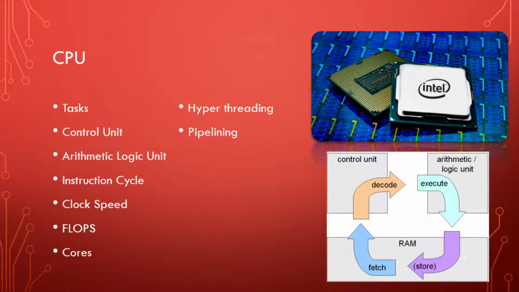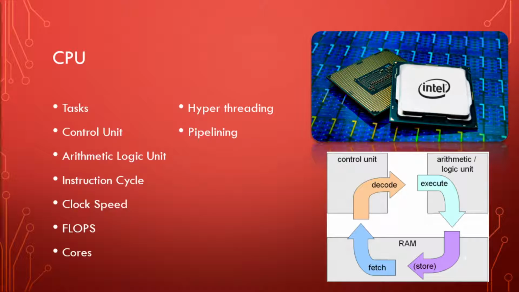Now, up on the screen, I also have hyperthreading. Anyone know what hyperthreading is? Sounds really important, right? Hyper, really fast. All right. Hyperthreading is basically the process of splitting each individual core of your CPU into 2 cores. All right. It is not actually doing it. That is physically impossible.